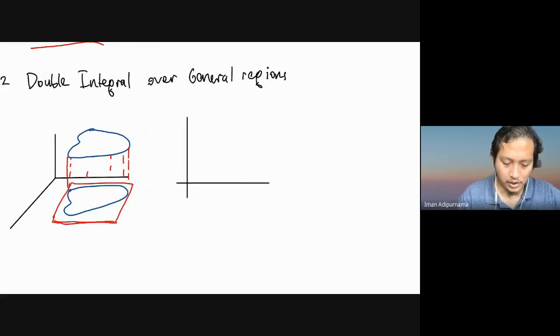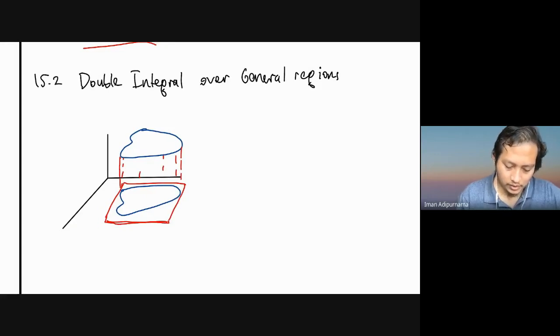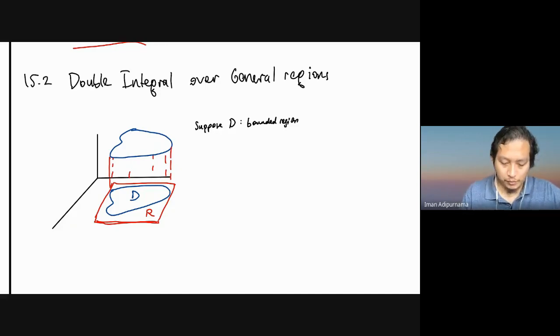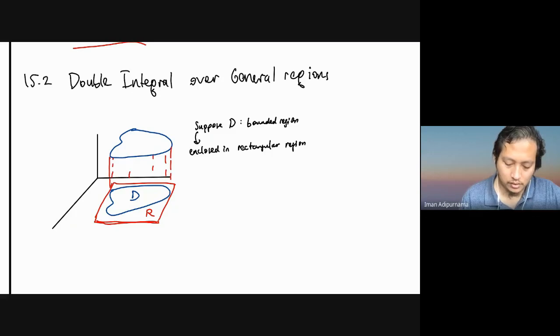Let's say this is D, and this is R. So suppose D is a bounded region, which means that D can be enclosed in a rectangular region R.